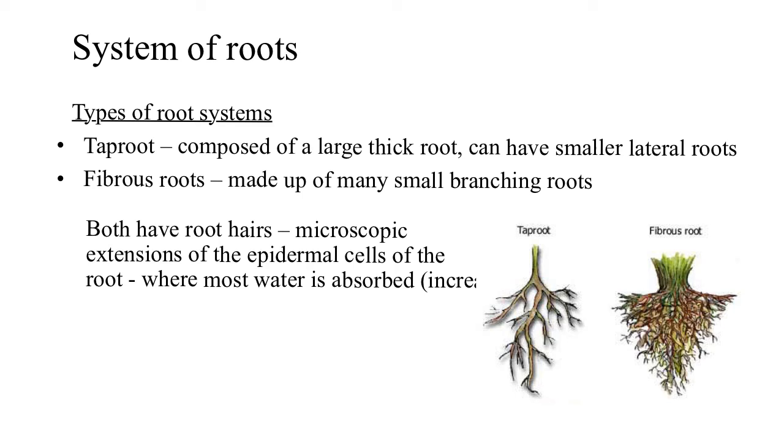So we've talked about the structure of leaves, we've talked about the structure of stems, and here we're going to talk about roots. So there's two different types of roots, and we have run into this terminology before. We have the tap root, which has one thick central root with smaller roots off of it. And we also have fibrous roots, so made up of lots of small fibrous branching roots.